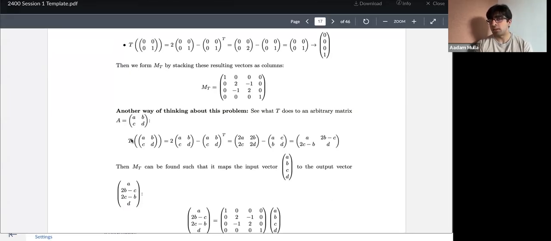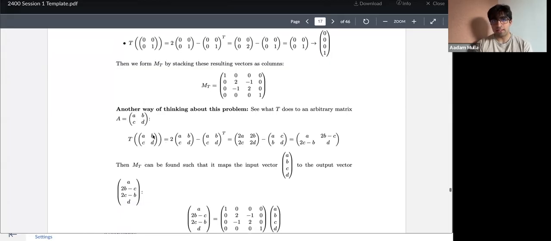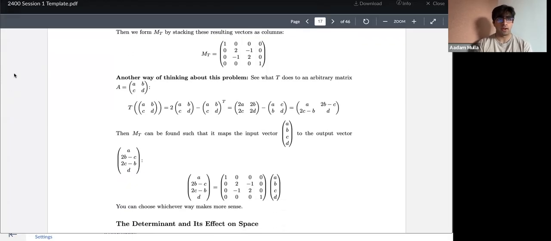Okay. Another way of thinking about this problem is you can say, let's say I have a random matrix A, B, C, D, and I apply T to it. So I see that A, B, C, D turns into A, 2B minus C, 2C minus B, and D. In other words, this vector right here turns into this vector right here. So now it's like a puzzle.